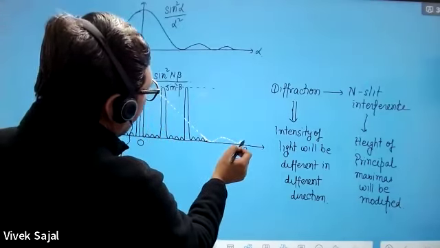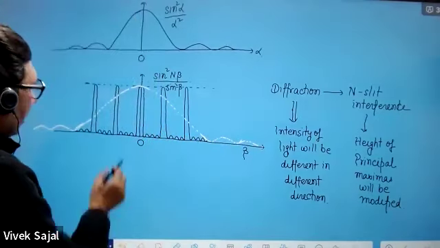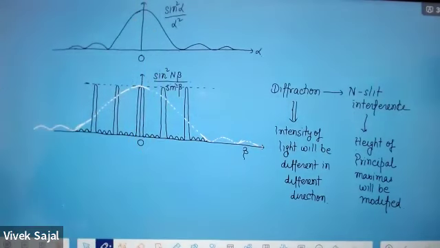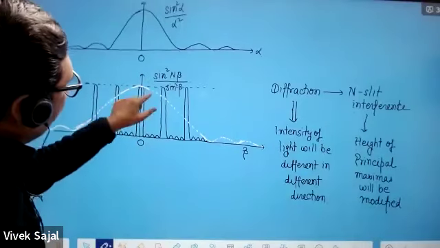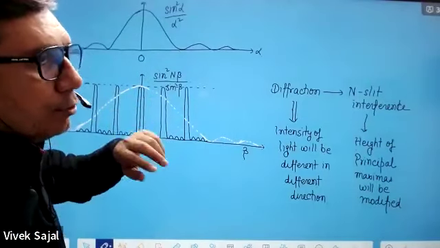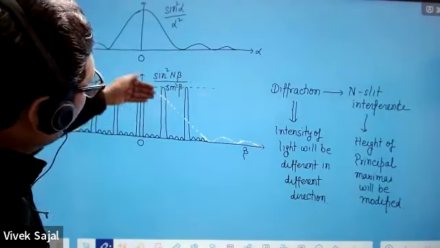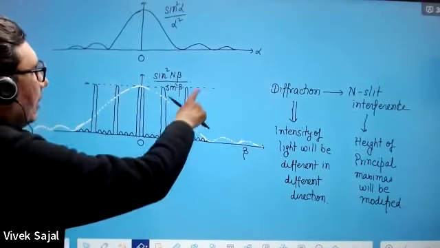So this is called the diffraction envelope. Try to understand here. These are principal maxima. These are secondary maximas. What is this white line? This is the diffraction envelope. So the height of these is going to be modified corresponding to the intensity of light available in different directions.